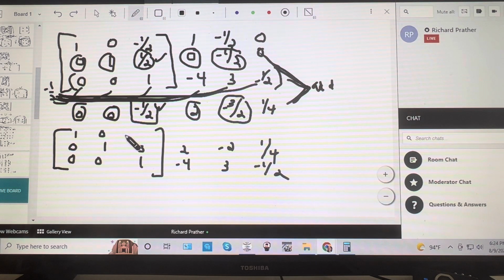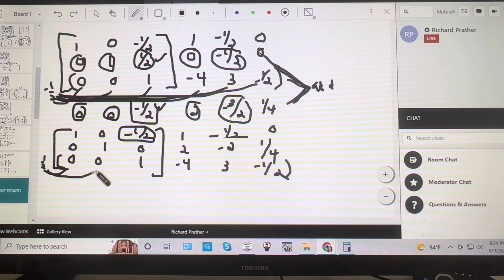And now we have 8 slots down, 1 to go. Only thing left, this has to be a 0. It's currently negative a half, so the opposite of that is positive a half, and multiply the row where the 1 is by the opposite, positive 1/2.